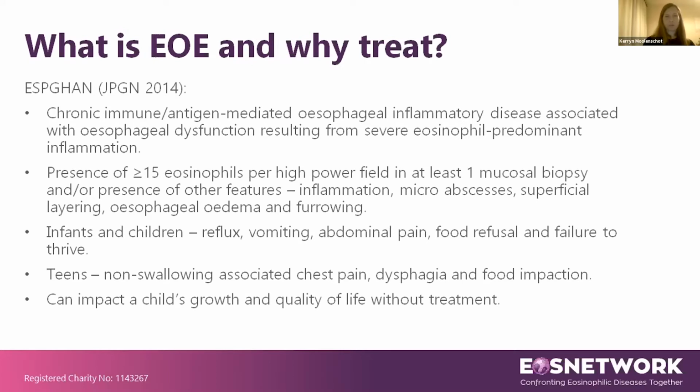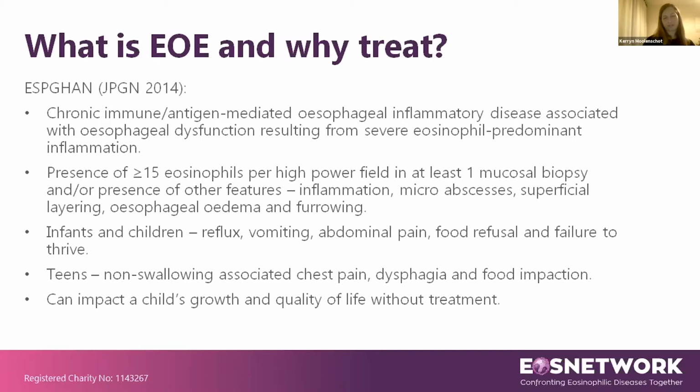So just as a quick definition of EoE, ESPGHAN has quite an elaborate definition. It's a chronic immune antigen mediated esophageal inflammatory disease associated with esophageal dysfunction resulting in severe eosinophil predominant inflammation.